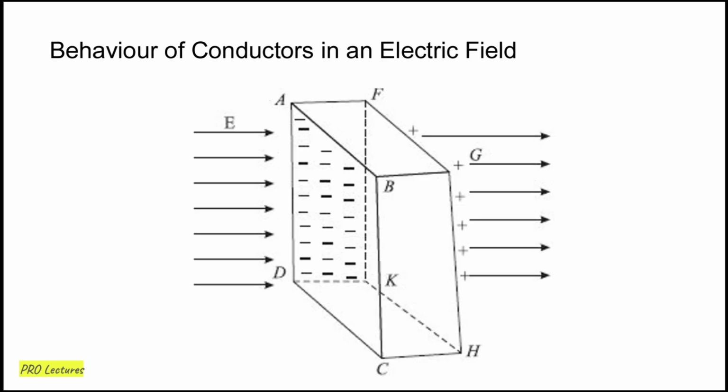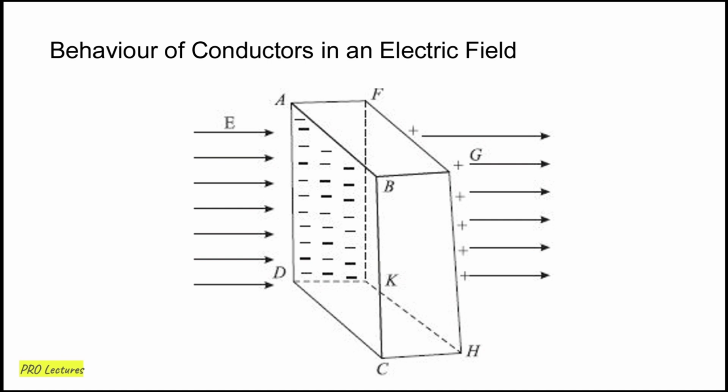Consider a conductor placed in an external electric field. The free electrons inside the conductor accelerate in a direction opposite to that of the electric field. This results in buildup of electrons on the surface ABCD of the conductor. The surface FGHK in the figure becomes positively charged because of removal of electrons.